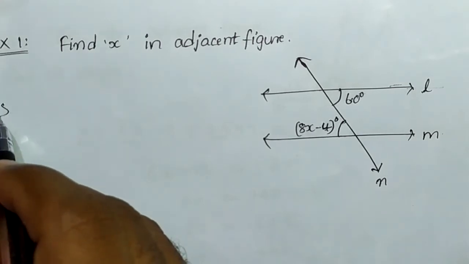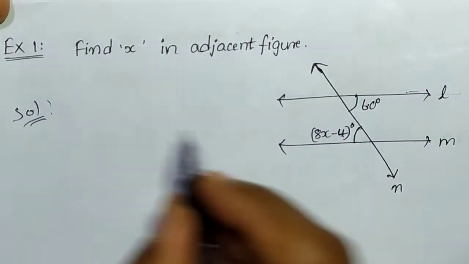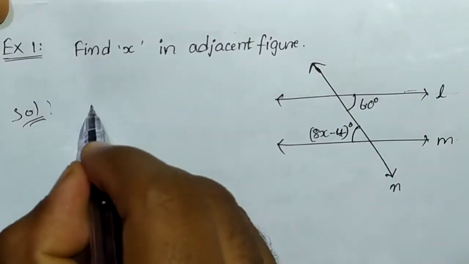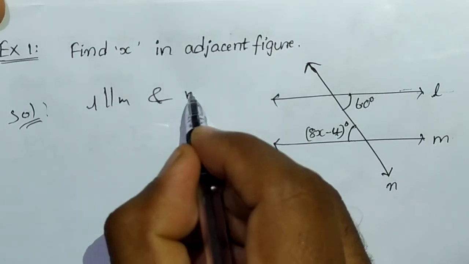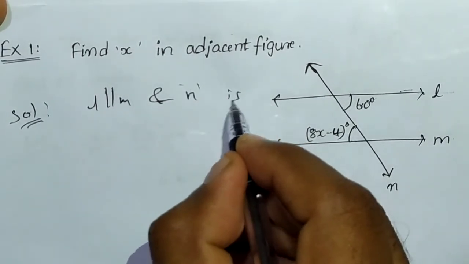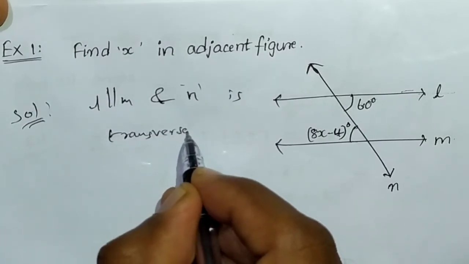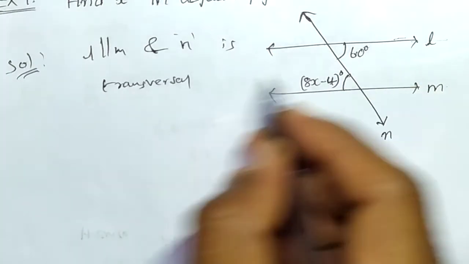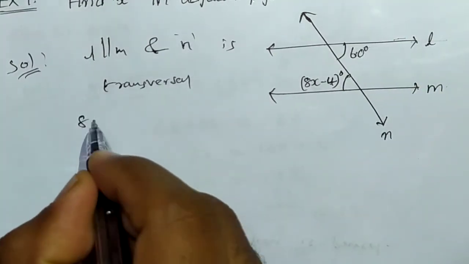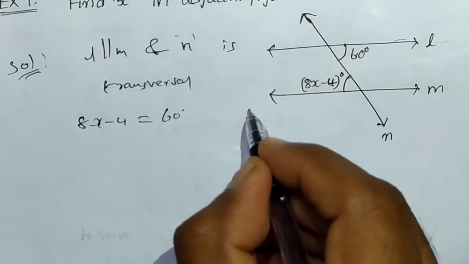Solution. L parallel M and N is transversal. These two are alternate interior angles, which are equal. 8x minus 4 is equal to 60.